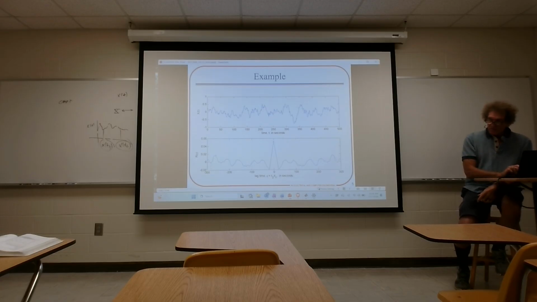There are a couple of things that are real important to observe. First of all, a legitimate autocorrelation function is always symmetric. It's always an even function. That's important. The second thing is that the peak value is always at 0. Now, it may have multiple peaks, but at least one of them, the peak of the peaks, will be at 0.